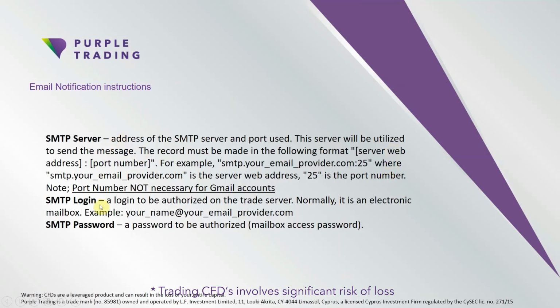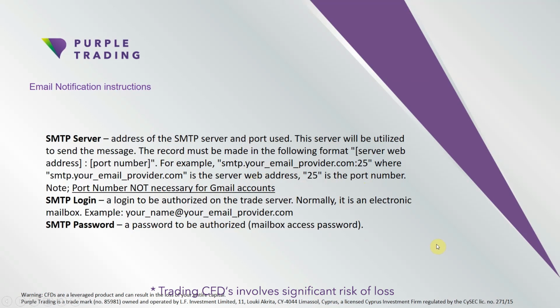And this just details again the instructions and the information required you need to fill out regarding the email. So if you're using a Gmail, it's not necessary to use a port number in the first field. And this is pretty much self-explanatory.